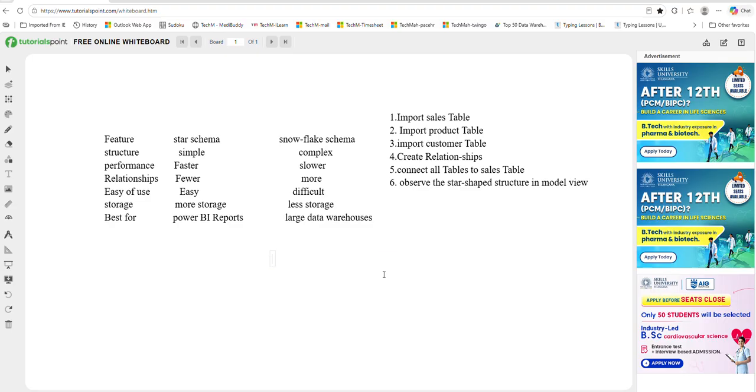Because it provides better performance, simpler relationships, easier reporting, and faster calculations.